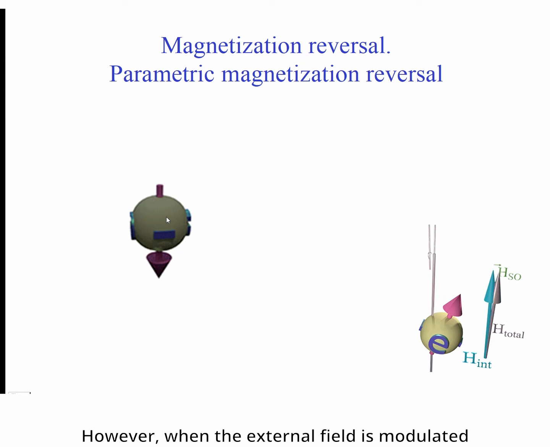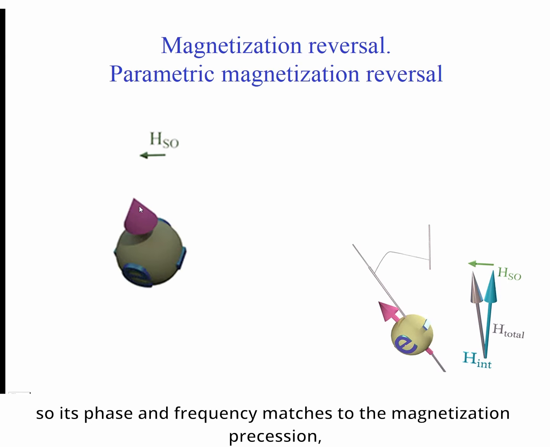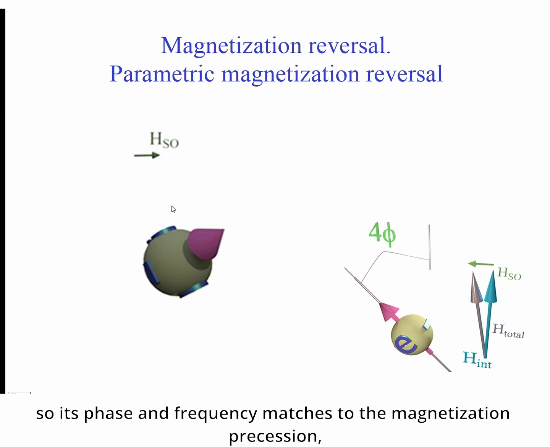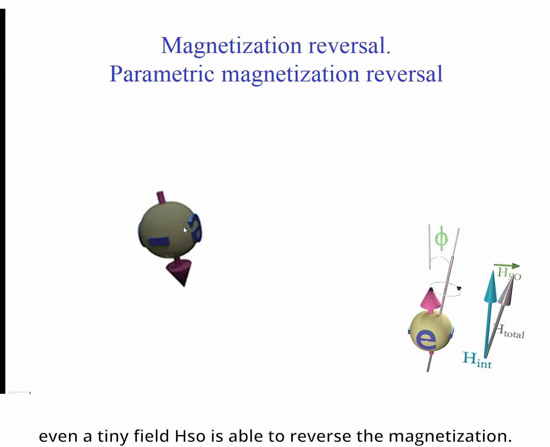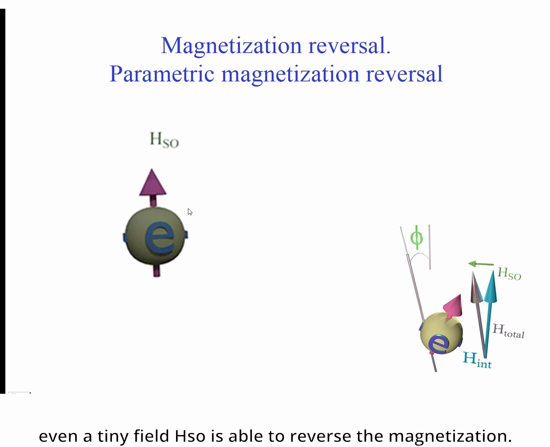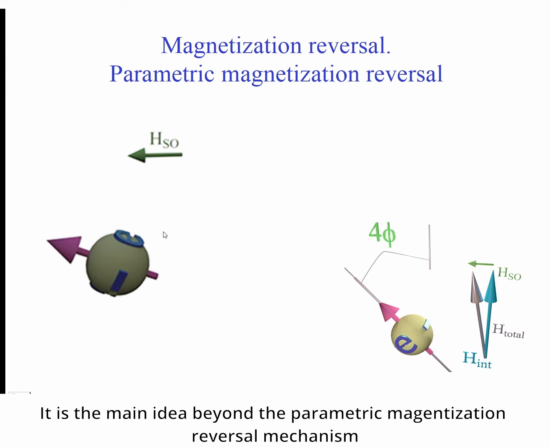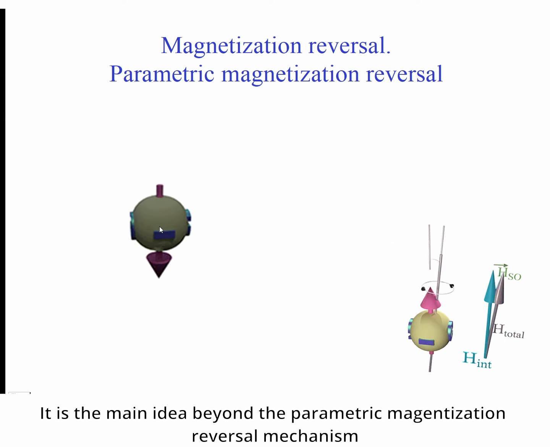However, when the external field is modulated so its phase and frequency match the magnetization precession, even a tiny field such as Ha is able to reverse the magnetization. It is the main idea behind the parametric magnetization reversal mechanism.